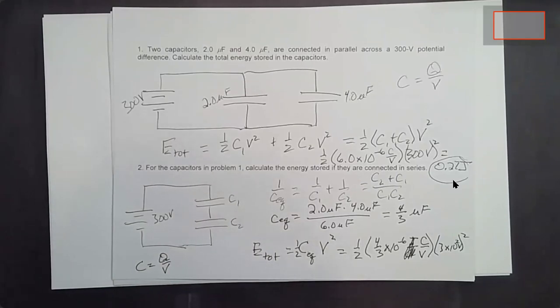That'd be 9 times 10 to the 4th. 9 over 3 is 3 times 4 is 12, 6.